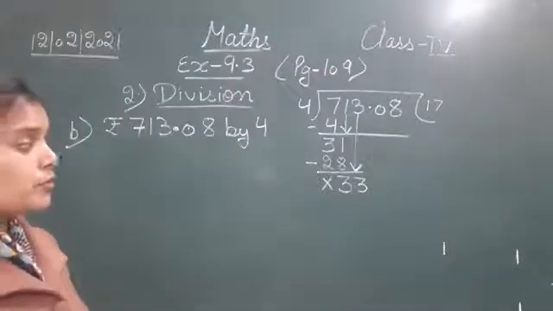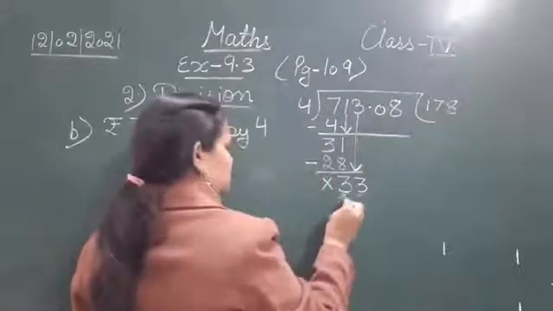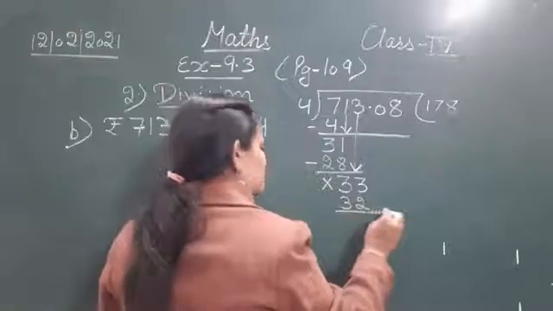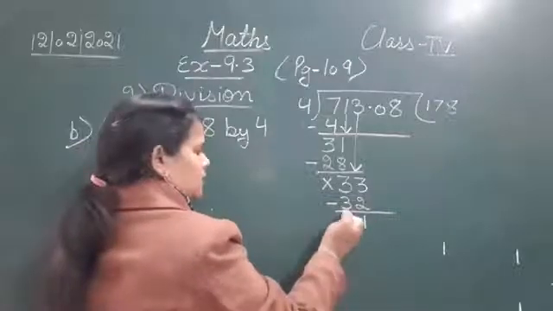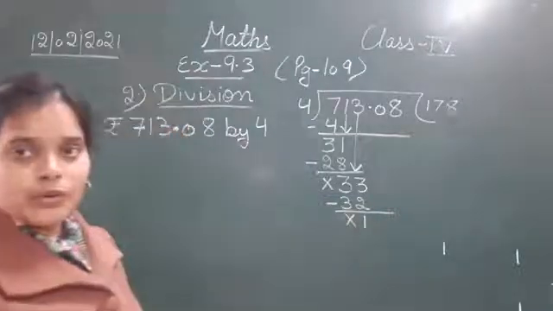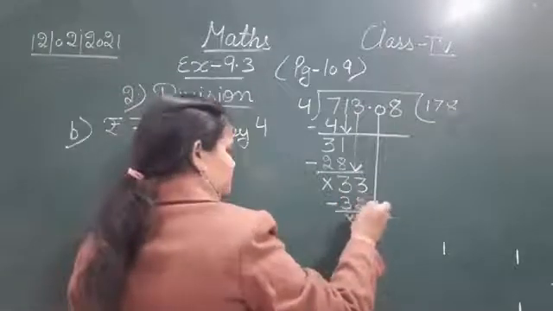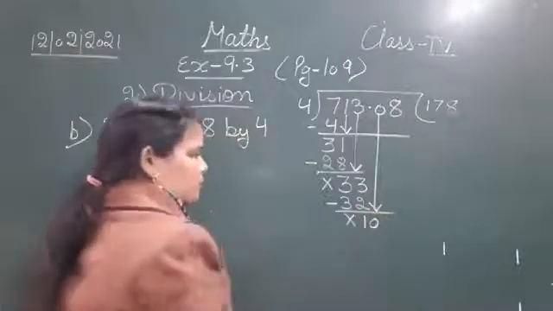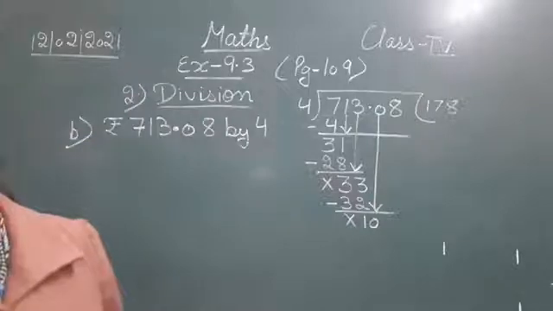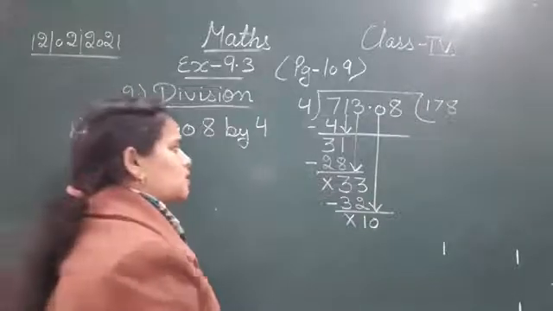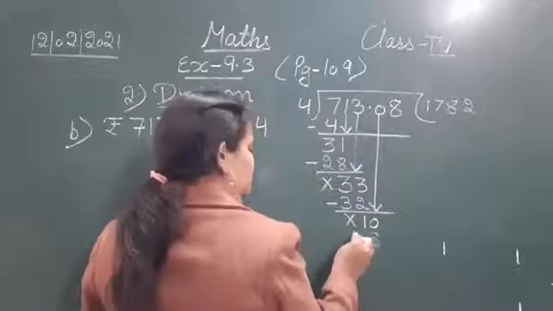So 4 eights are 32. 33 minus 32 will be 1. Nothing will be here. Now bring down the next digit, that is 0, and it became 10. So let's divide 10 by 4. So 4 twos are 8.